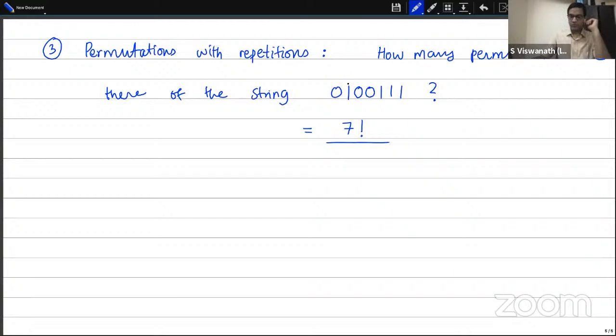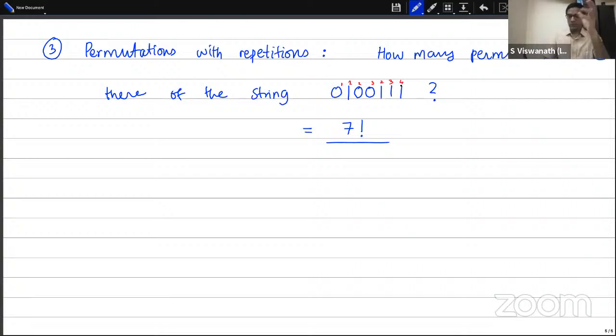One way to argue here is to put some labels on the zeros: this is 0₁, 0₂, and 0₃. Now I can distinguish them because I put labels on top. Similarly, this is 1₁, the second one, the third one, the fourth one. So I put labels on the ones and the zeros so that now I can distinguish those letters.